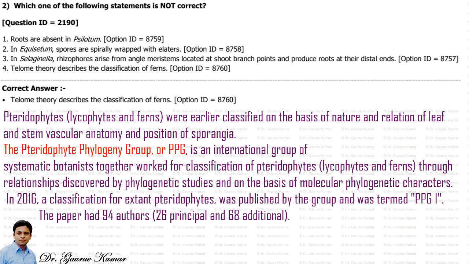It is an international group of systematic botanists working together for the classification of pteridophytes. They worked together on the classification of pteridophytes, lycophytes and ferns through relationships discovered by phylogenetic studies and on the basis of molecular phylogenetic characters. In 2016, a classification for the complete extant pteridophytes was published by the group and termed PPG I. You can just Google PPG I and you will get the paper. The paper has around 94 authors, out of which 26 are principal authors and 68 are additional authors.